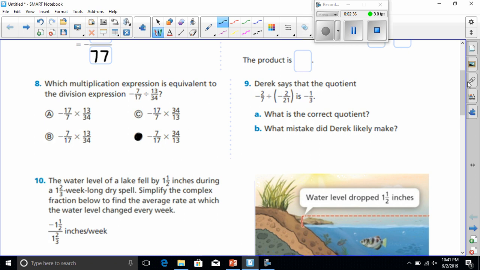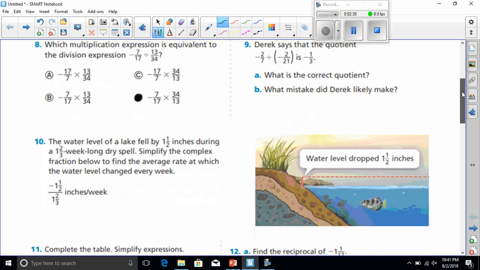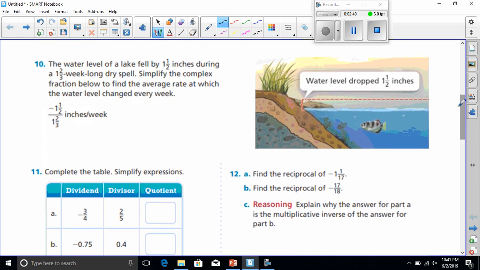D is going to be our answer for number 8. All right, and let's move on to number 10. All right, we're on number 10 now, and it says the water level of a lake fell by 1 1/2 inch during a 1 2/3 week long dry spell. Simplify the complex fraction below to find the average rate at which the water level changed every week.